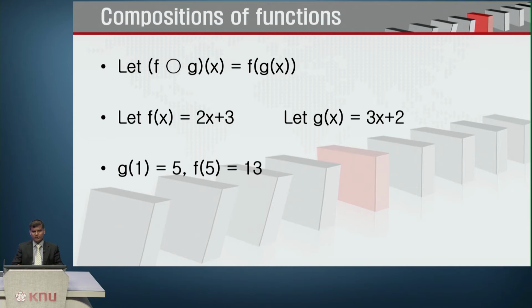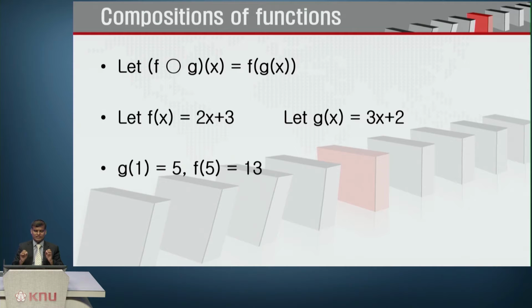Can you get this point, how it works out? If you place 1 in g of x, then that becomes 5, and you take this 5 over to f of x and place it in the function f of x.